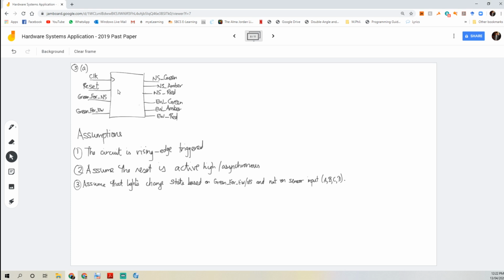Our entity has 4 single-bit inputs: my clock, my reset, green for north-south, and green for east-west, and 6 single-bit outputs of type standard logic: north-south green, amber, red, and east-west green, amber, red. So those are going to be our inputs and outputs.